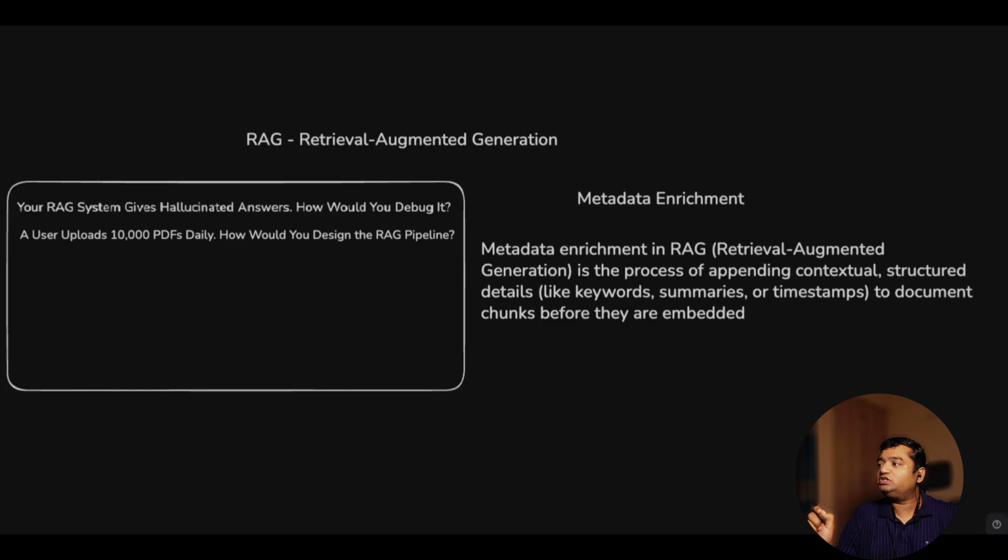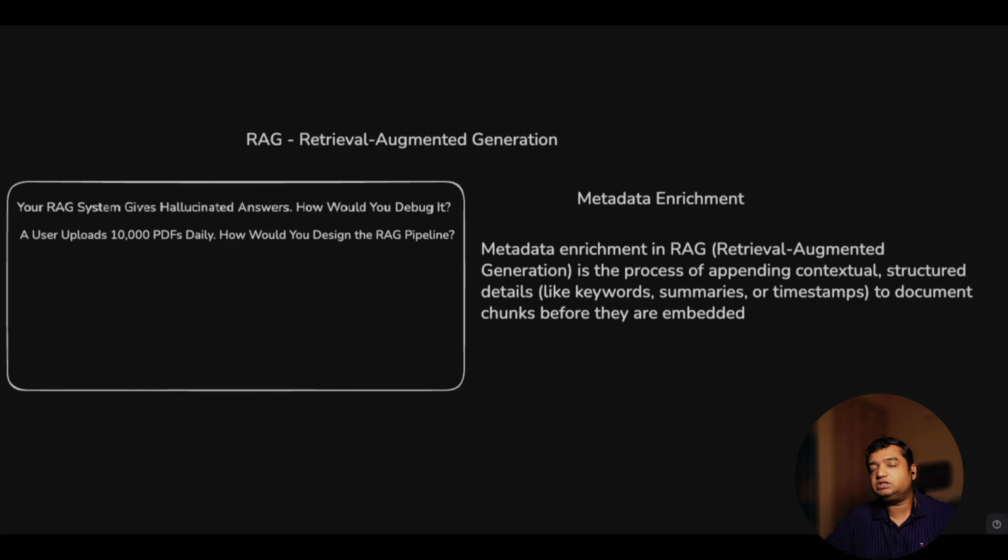Metadata enrichment is the process of appending contextual and structural details, like keywords, summarization, and timestamps, to document chunks before they get embedded. When you get a document, you chunk it, create the embedding and put it into the vector database. Before it gets to the embedding phase, during the chunking phase itself, you combine the contextual information plus the keyword information into the chunks, and then it goes into the embedding side.